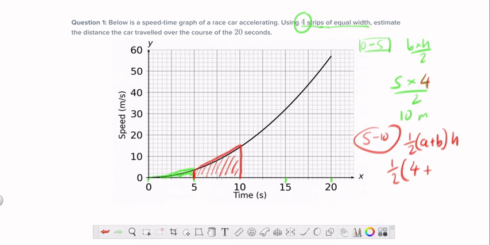The other parallel side's got a length of, looks like it's 14. And the gap between 5 and 10 seconds is obviously 5, the gap between the 2 parallel sides. And obviously that's going to give you 45 meters. Right, next, choose a different color.